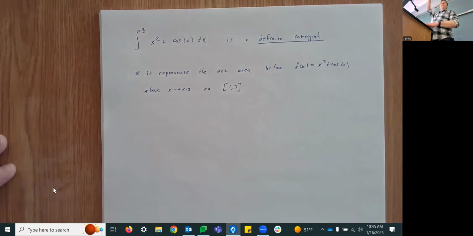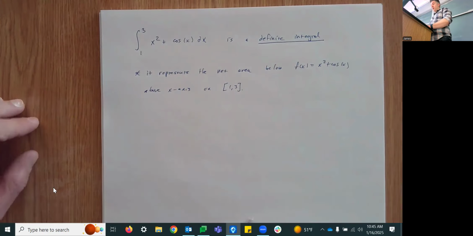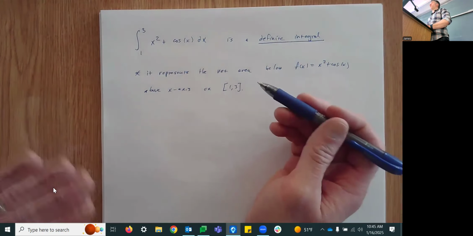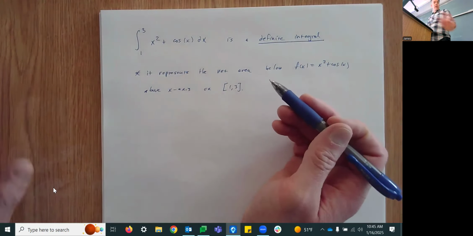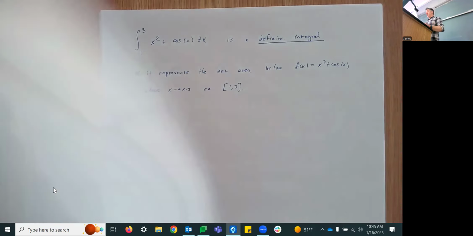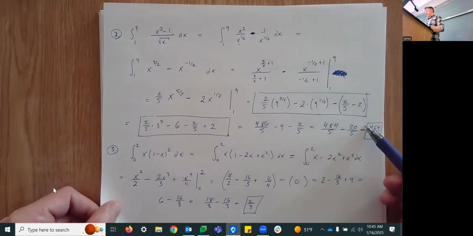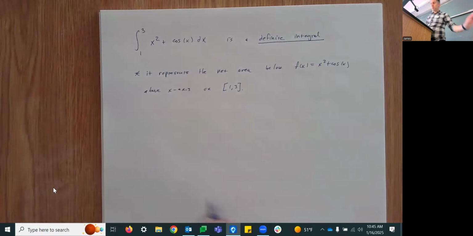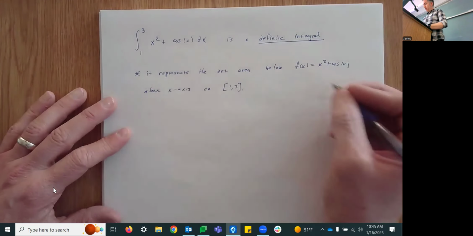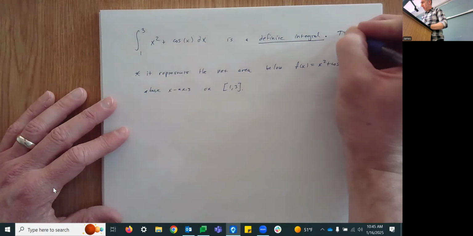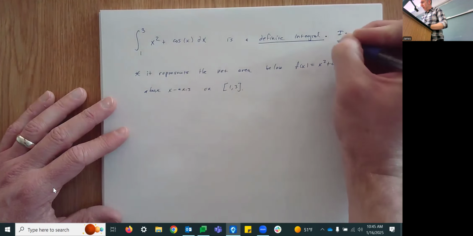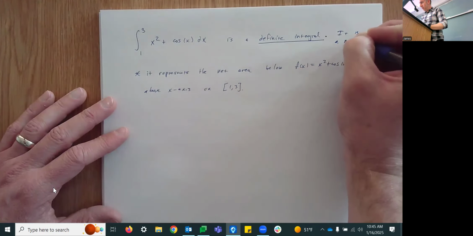So basically, area above the x-axis is counted as positive, area below the x-axis is counted as negative. But the point here is really that this represents a numerical value, right? Just in our last 2 examples, we did these 2 definite integrals and we got some terrible number at the end. It is a number.